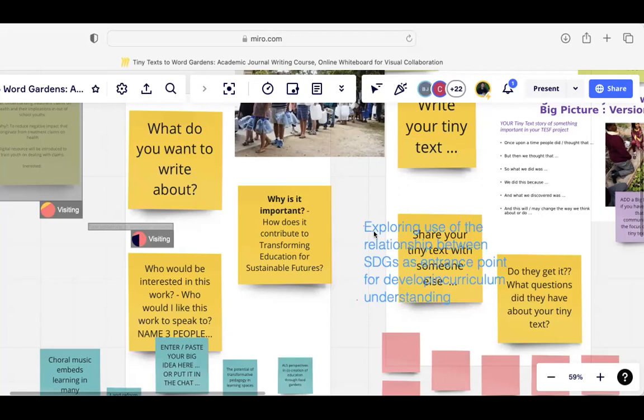Thank you, Prof, for the insights you're giving us. I have identified my area. I want to write about tree planting in semi-arid urban areas. Why is it important?